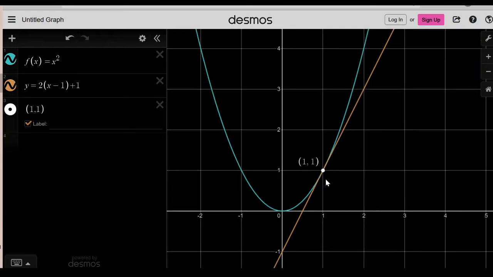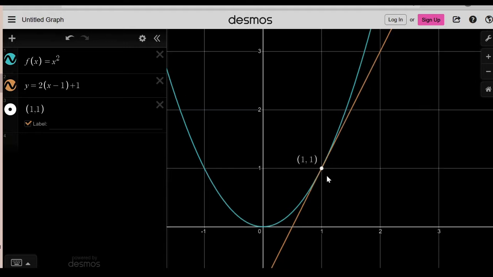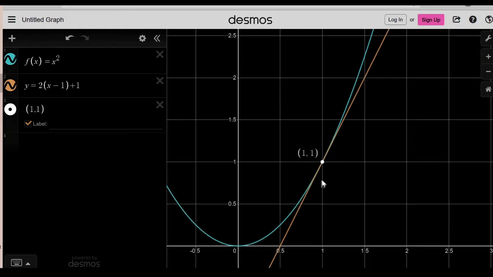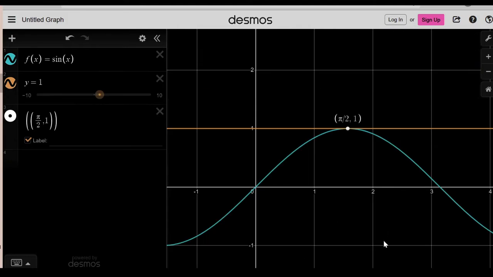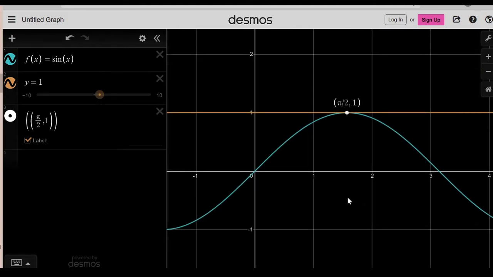And not only that, the second thing that a tangent line has to do is at the location 1, 1, the general slope or slant of the line has to match the general slope or slant of the curve. So both of them are almost overlapping, almost doing the exact same thing in the vicinity of the point 1, 1.